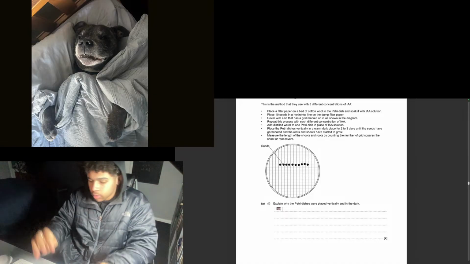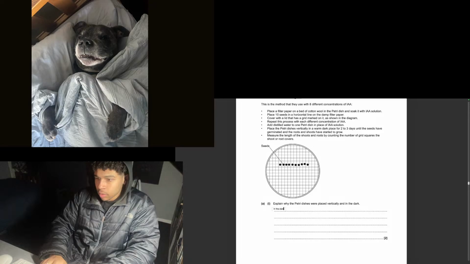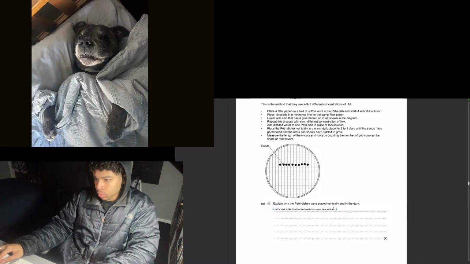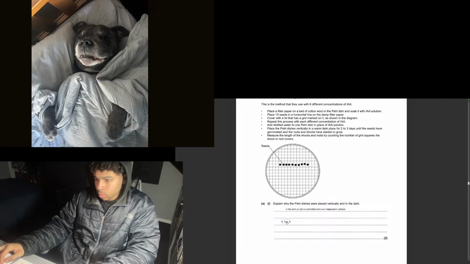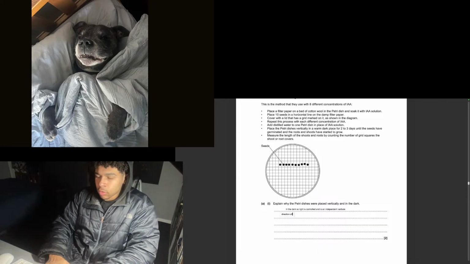Okay, so in the dark, light is controlled and is an independent variable. So the direction of shoots and roots are not affected by direction of light, phototropism.